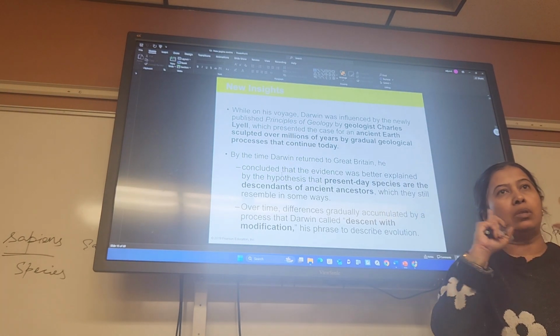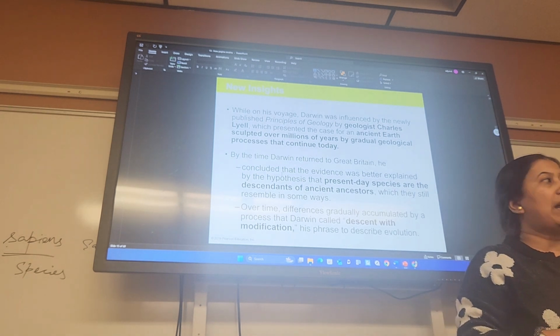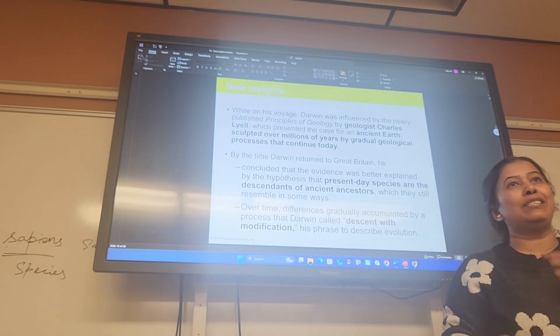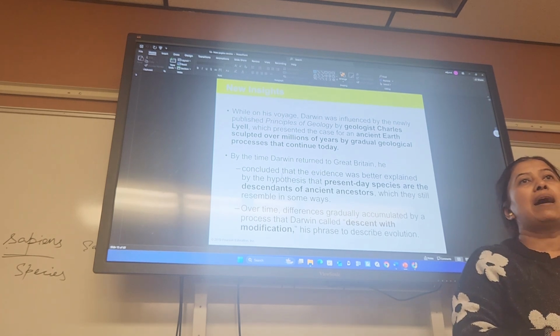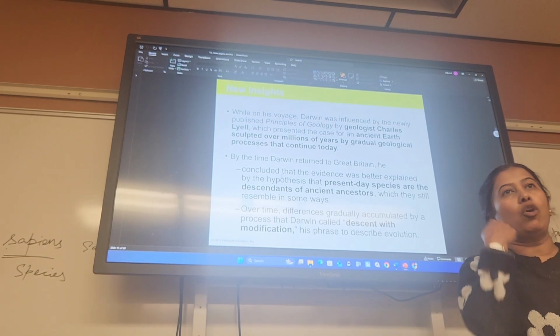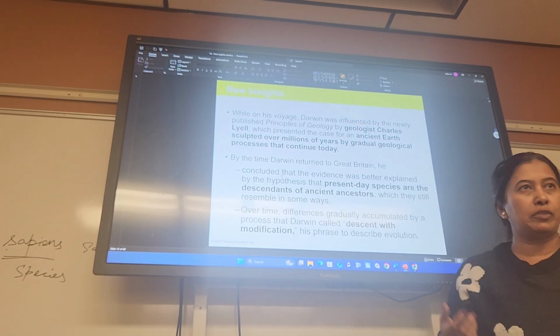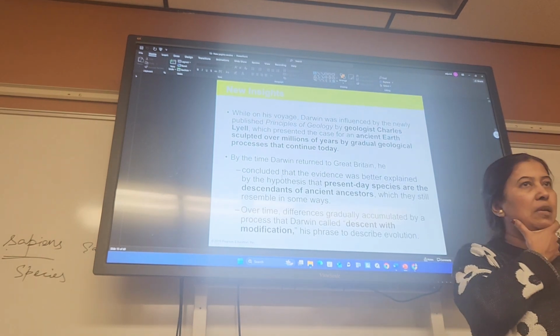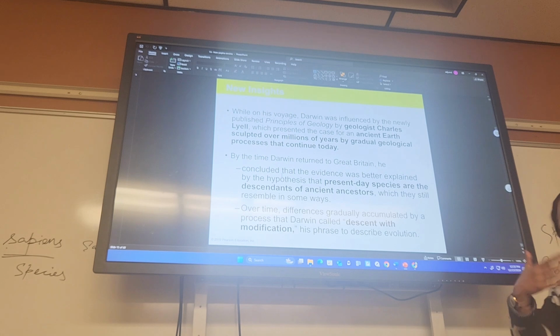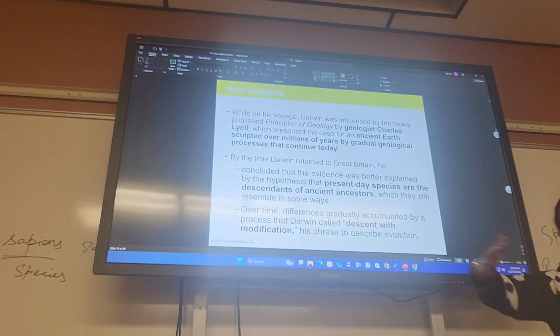So our jawbones are slowly getting smaller, and that is why present day human beings have the need to take out the wisdom teeth. Most of us nowadays, our jaws do not have the space to accommodate all 32 teeth, right? Is there anybody who has had their wisdom teeth extracted? Yes, because most of the time our jaws do not have the space. So that's one of the mutations that's accumulating.